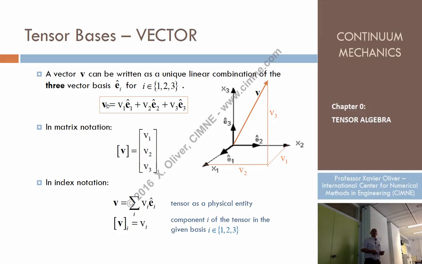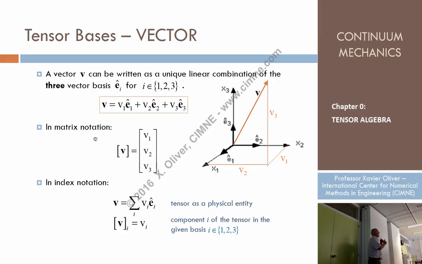Well, the vector can be expressed as a linear combination of these vectors: vector e1 times a factor v1, which is the component 1 of this vector, plus e2 times v2, the component 2, plus e3 times v3, the component 3 of this vector.